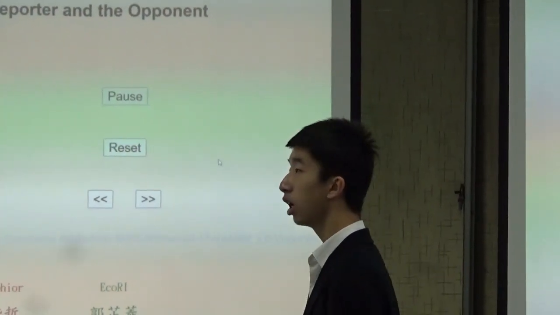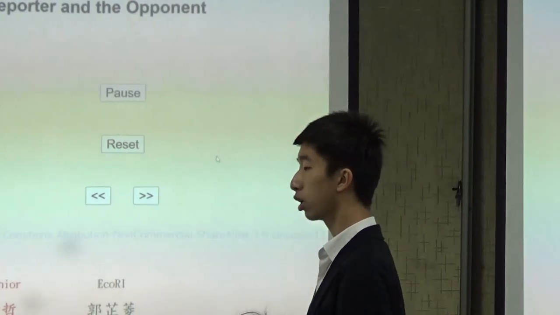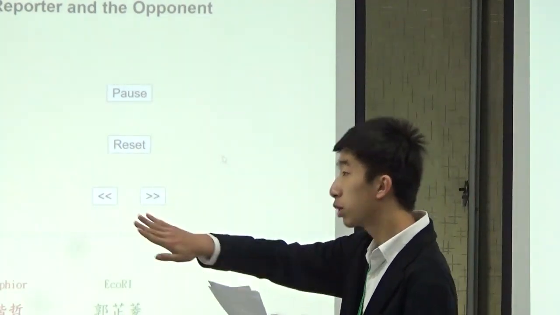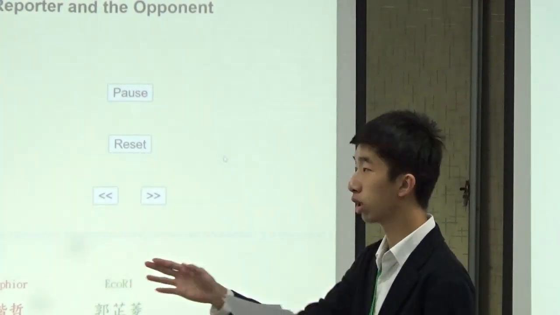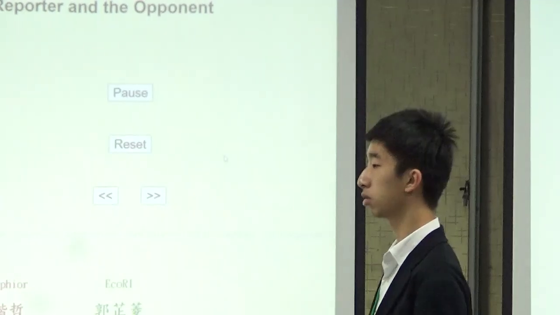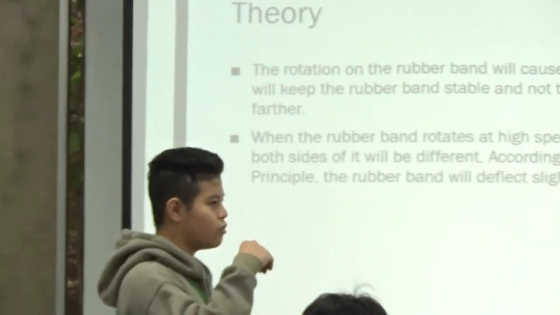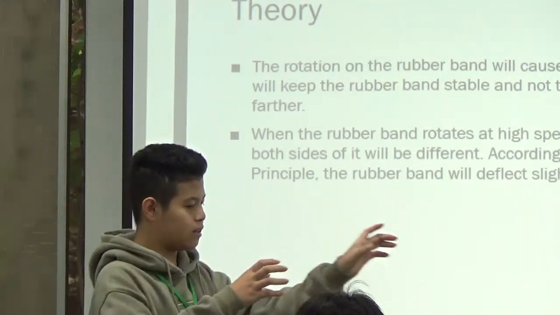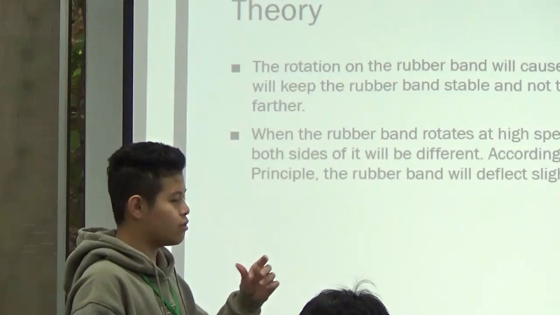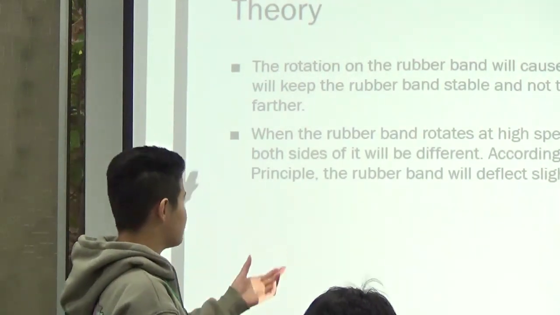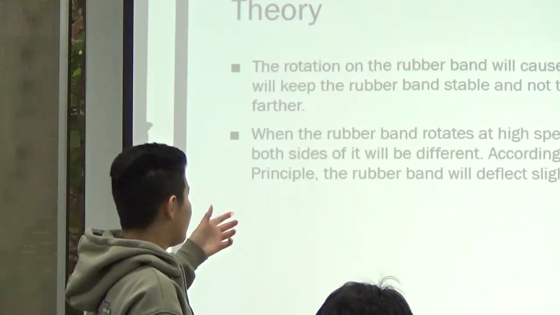Okay, the next question that I want to ask is, you mentioned that in your experiment, if a rubber band is spinning, it may shift to the other side, like the right side or left side. Did you know the reason for this result? I didn't use the theory to get the distance, but I used the experiment to know this distance.